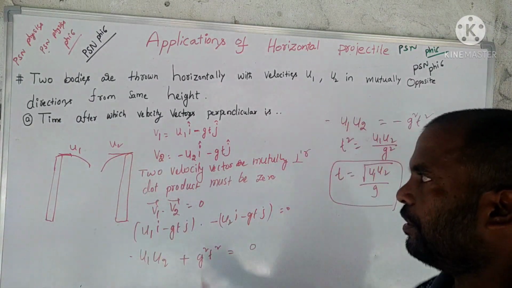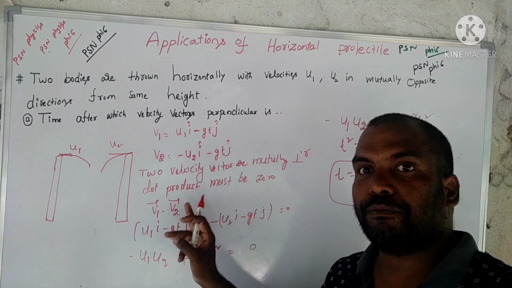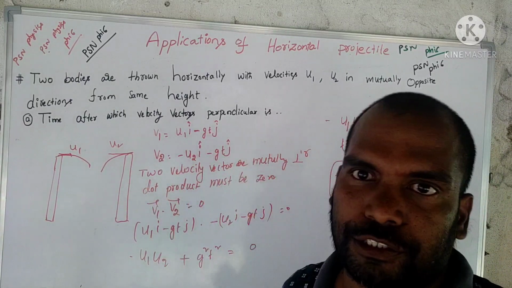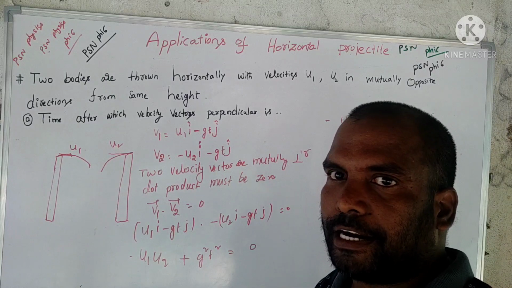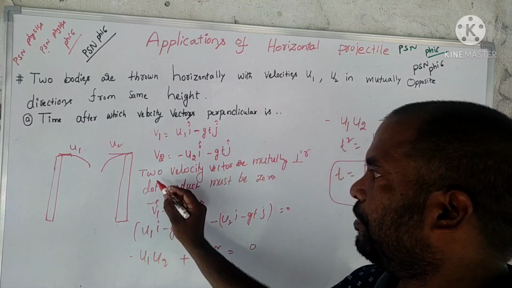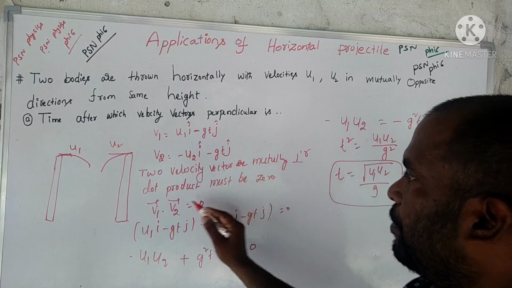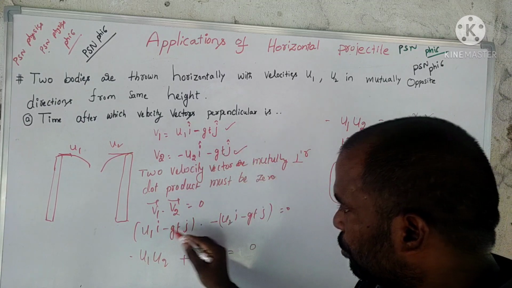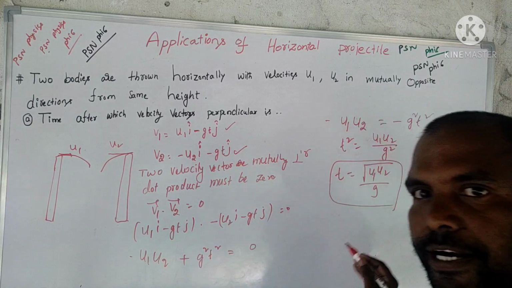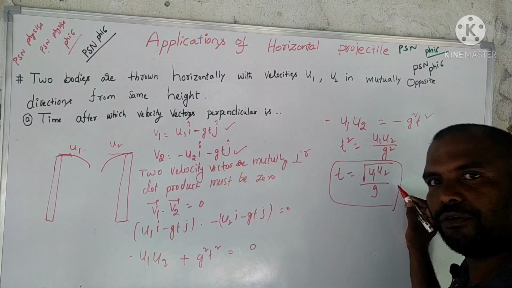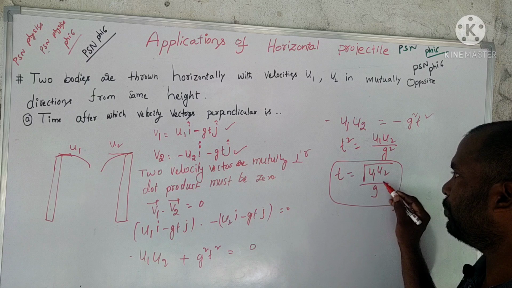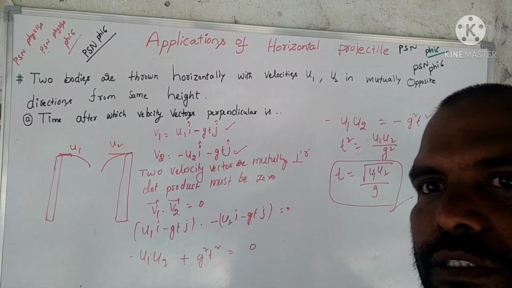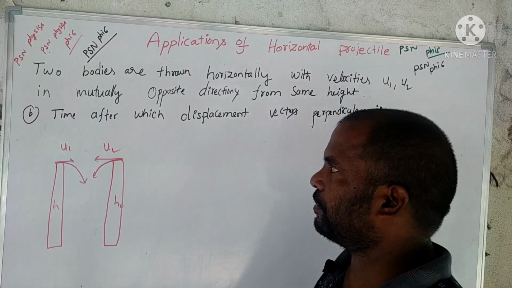When writing the two velocity vectors, they are mutually perpendicular, which means the dot product of two perpendicular vectors is 0. I took the first vector and second vector, took the dot product as 0 and simplified. I got time t is equal to root over u1 u2 by g.